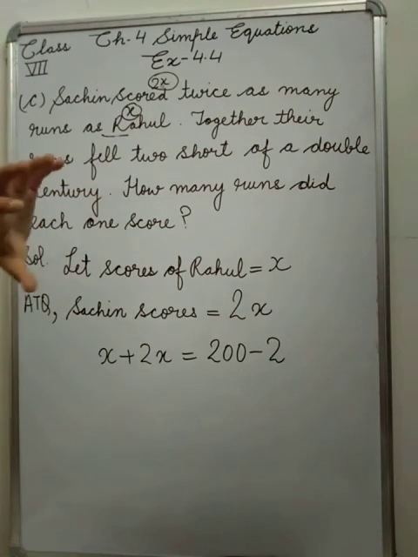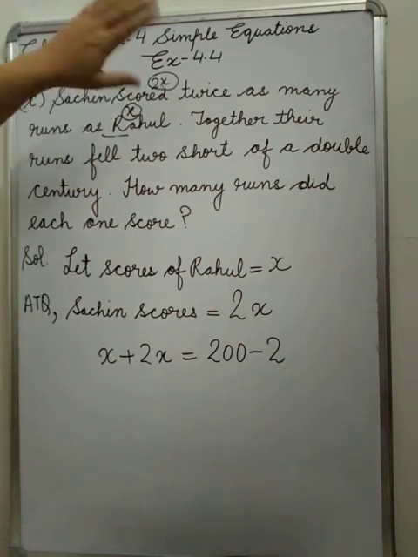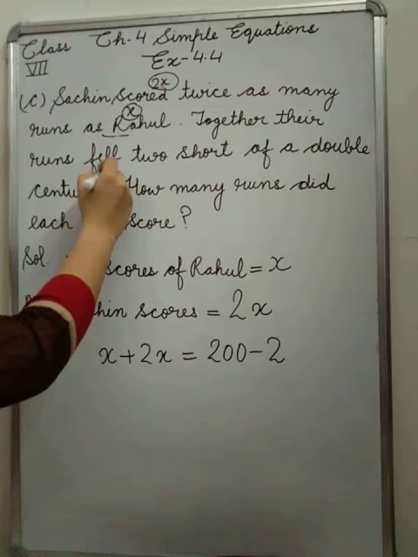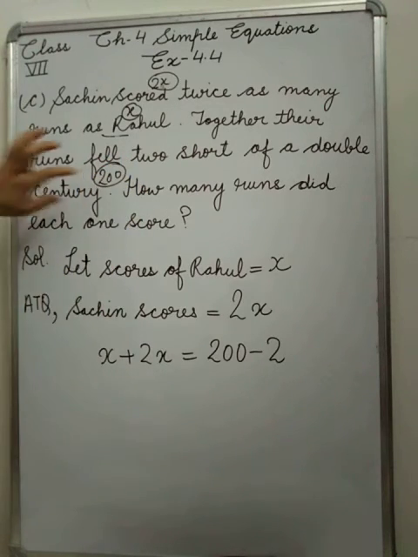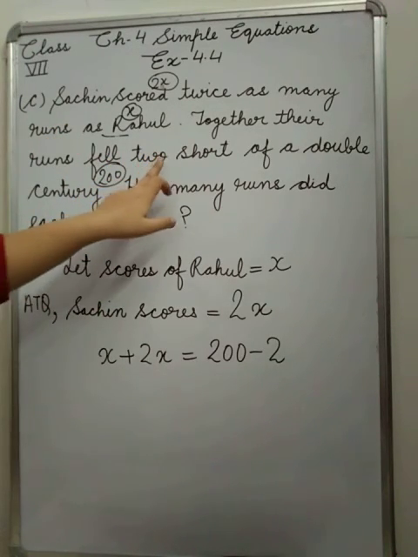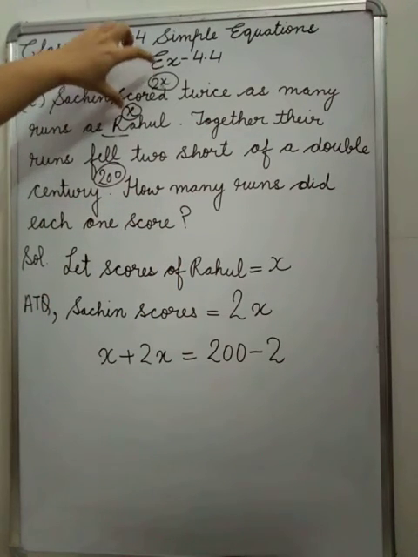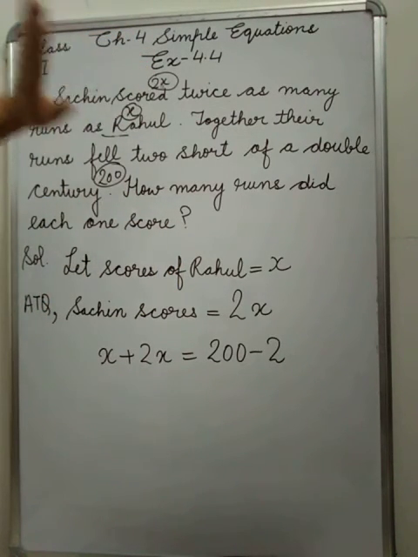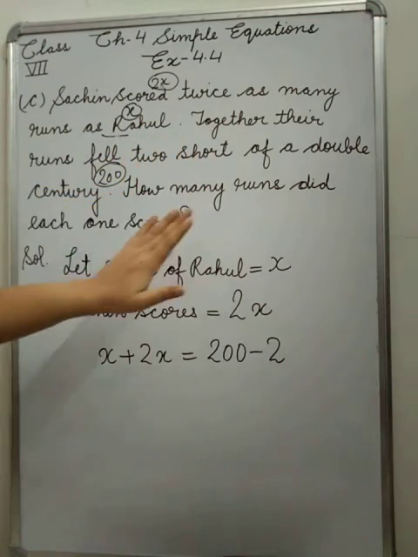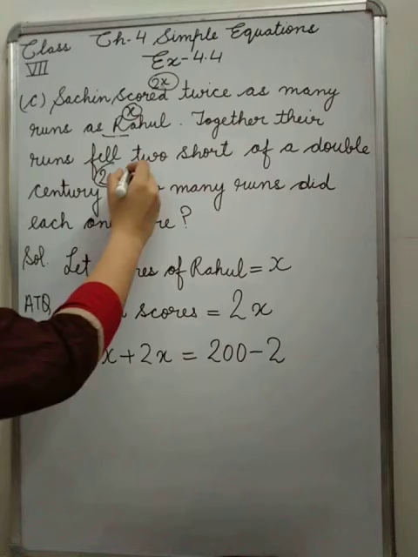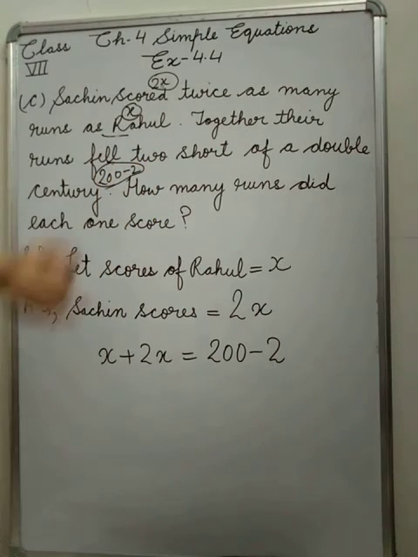Together means when you add Rahul and Sachin's scores. Double century means 200. But they are not 200, they are too short. That means when you add these two, you will get 198.